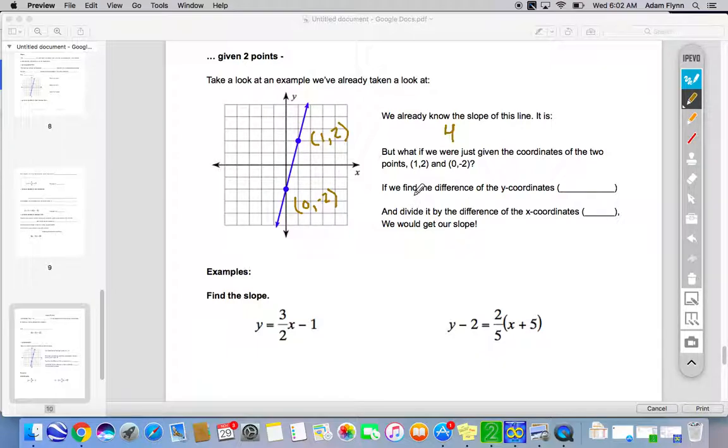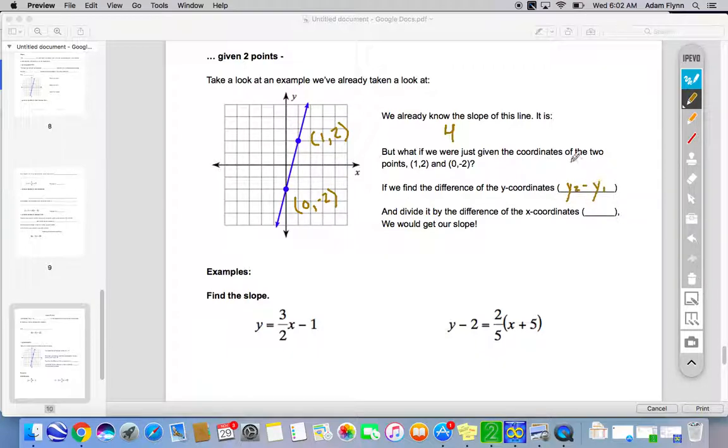As we have discussed, we know if we were given a graph, the rise over the run gives us our slope. So if we find the difference between these 2 points, the y coordinates, let's say, that would give us our rise. So I'll write y2 minus y1.